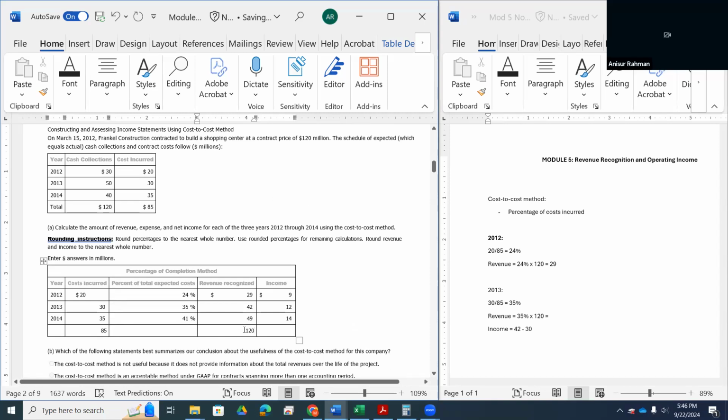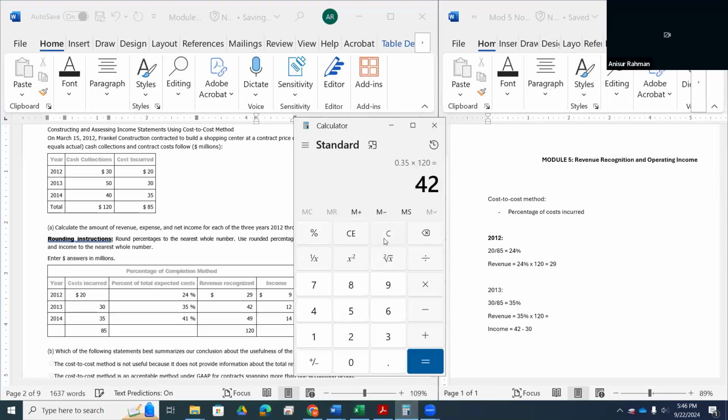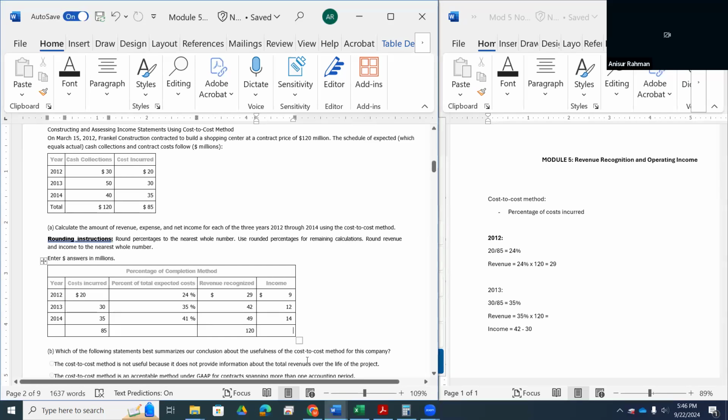So the total revenue will be 120 million. Your income will be 9 plus 12 plus 14, which is 35 million.